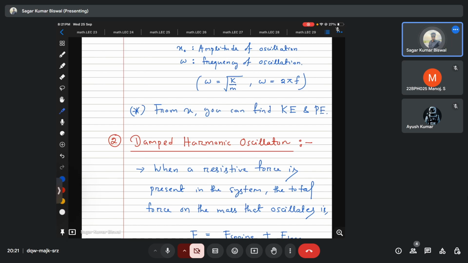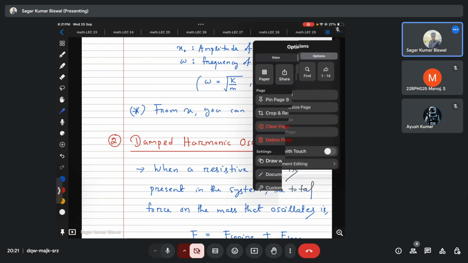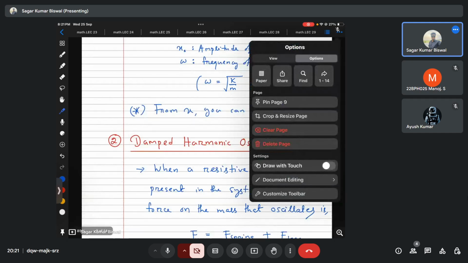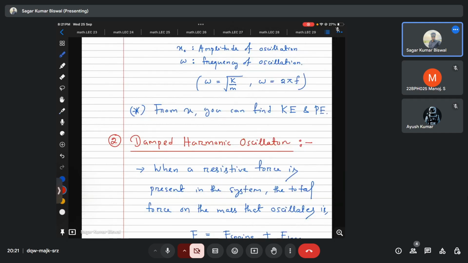So here from x you can also find the kinetic energy and the potential energy of the particle, right? Because the kinetic energy is half mv square, and what is the potential energy of the system? It is half kx square.